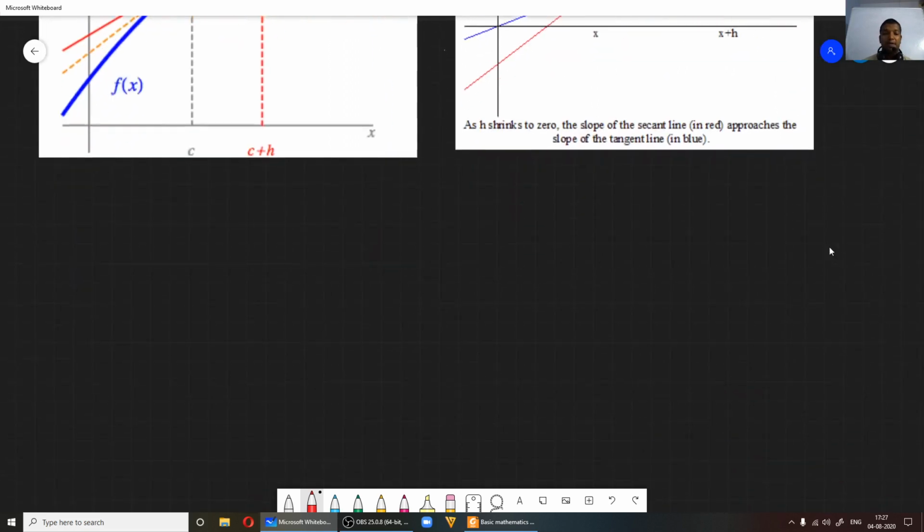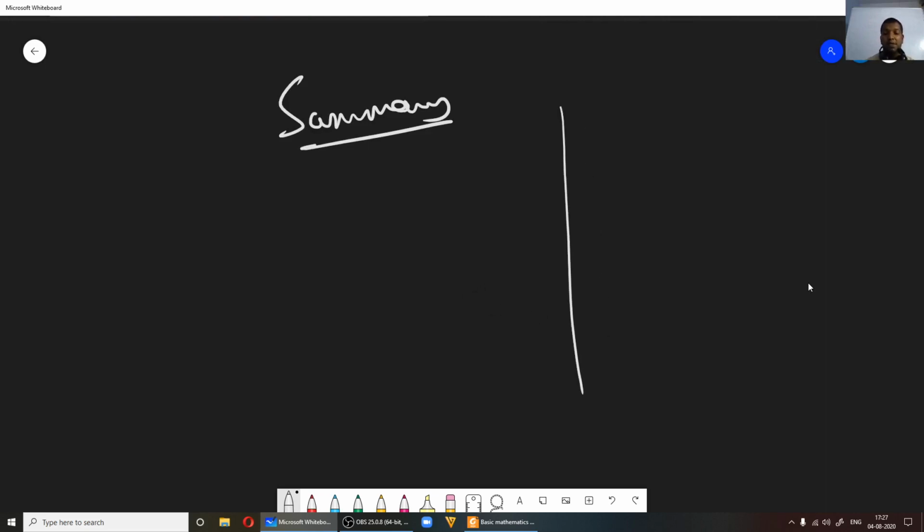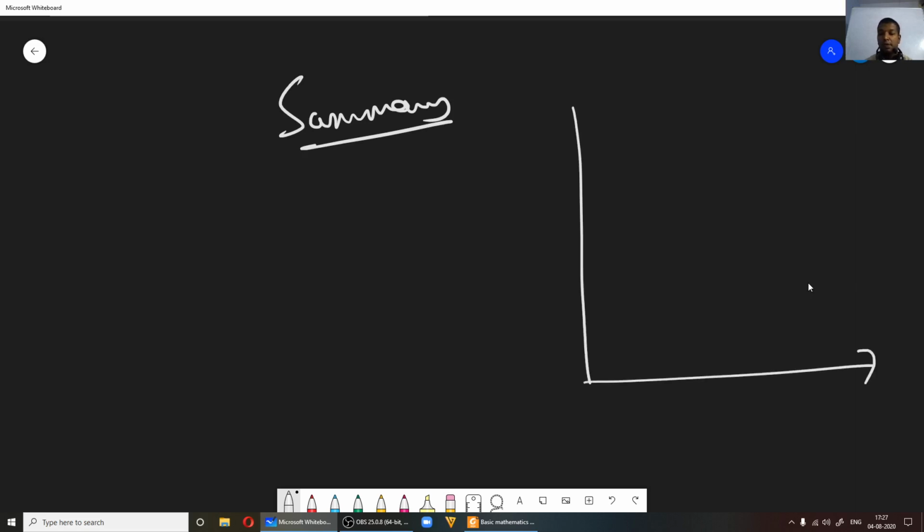Now for summary you can write like this. If you want, you can write, otherwise you can skip this. Say this is the x-axis and y-axis. Now we have some function which is f of x, correct?